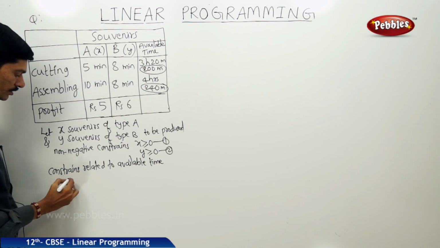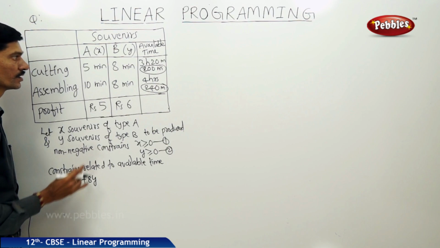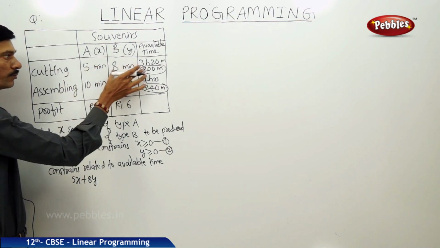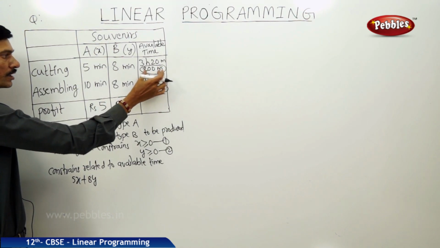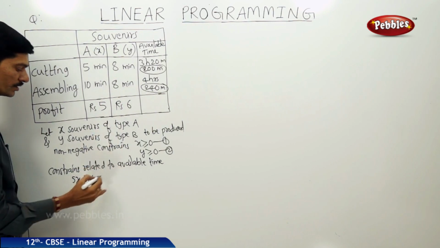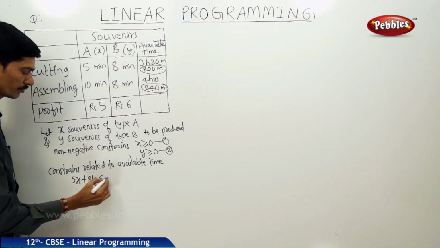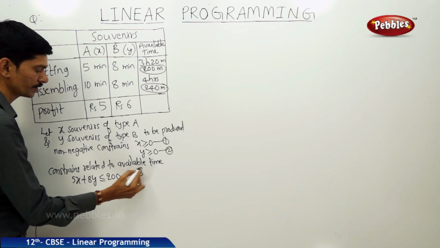So then we get 5x plus 8y. The total available time for cutting is 200 minutes, so the total cutting time should not exceed 200 minutes. So we will take less than or equal to 200. So this is inequality 3.